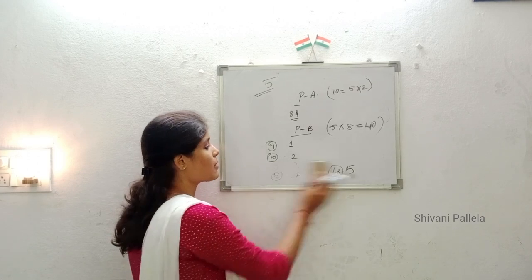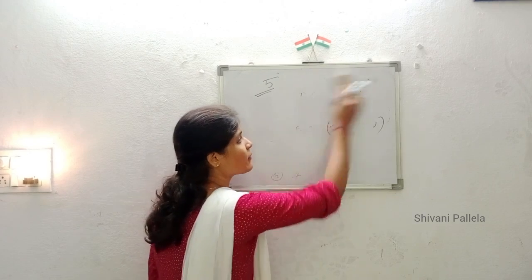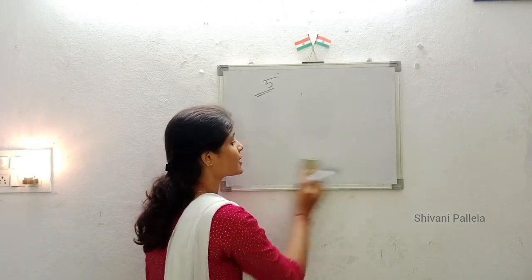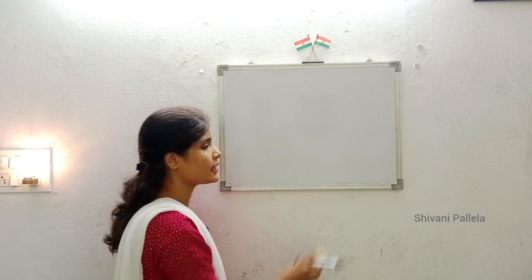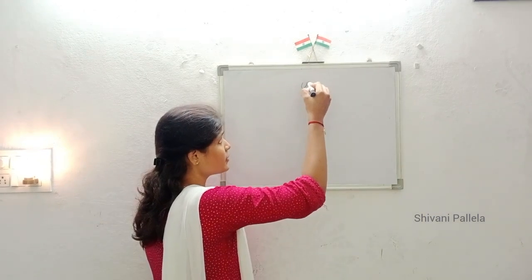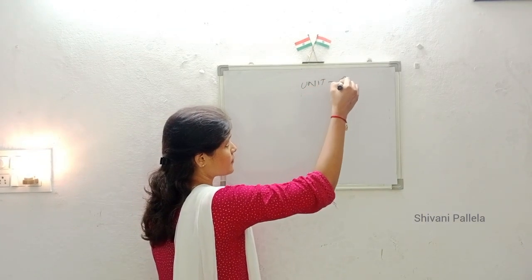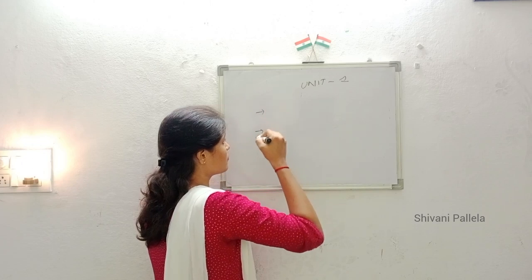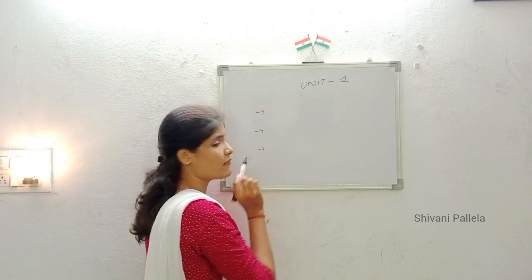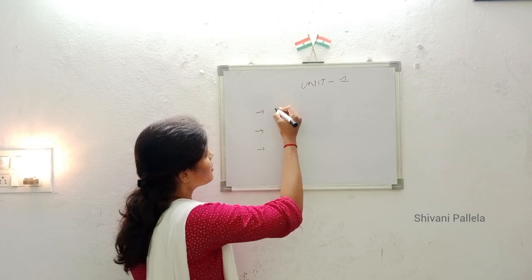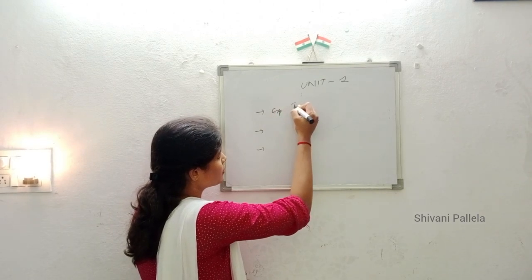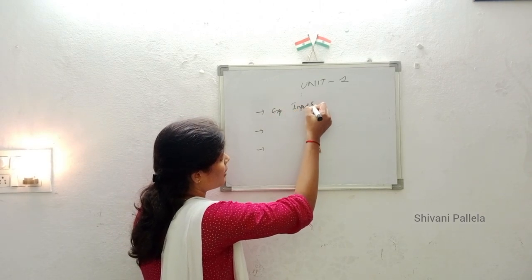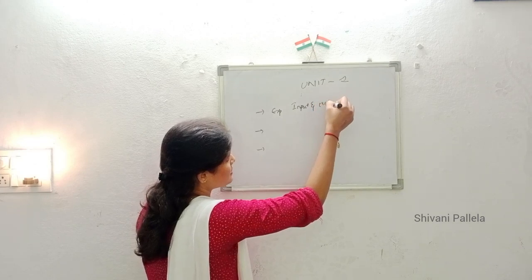Now we will discuss each and every unit, a quick revision. In the first unit, what are the things you are learning? In unit number 1, I will give 3 questions, students. Explain input and output devices.